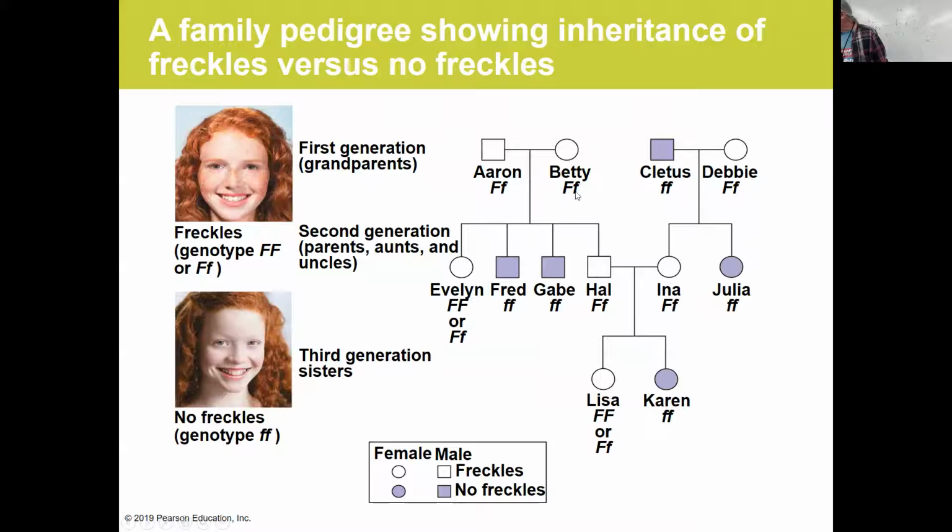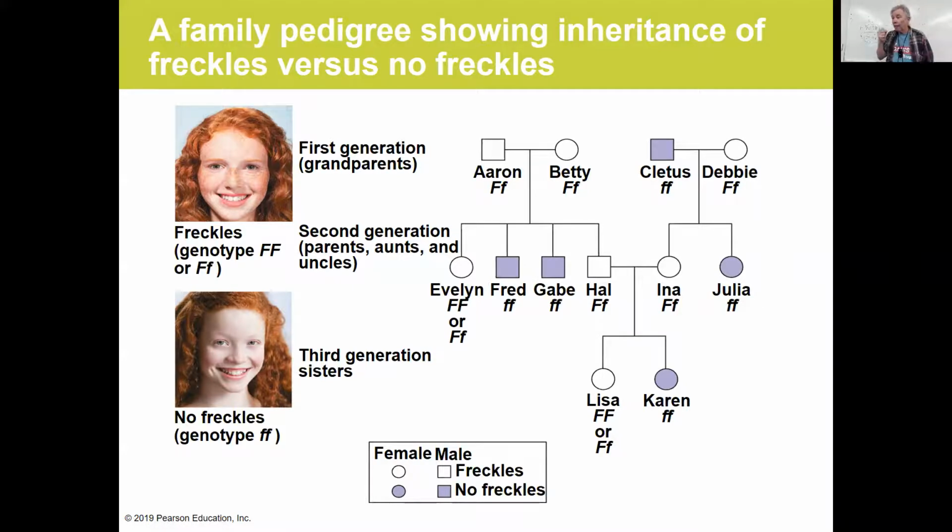here's Aaron and here's Betty. Let's pretend you didn't know that they were heterozygous, because they're exhibiting the dominant phenotype, freckles. So you don't know whether they're homozygous dominant or heterozygous. But you look at their offspring. You couldn't tell with Evelyn and Hal, but Fred and Gabe don't have freckles.